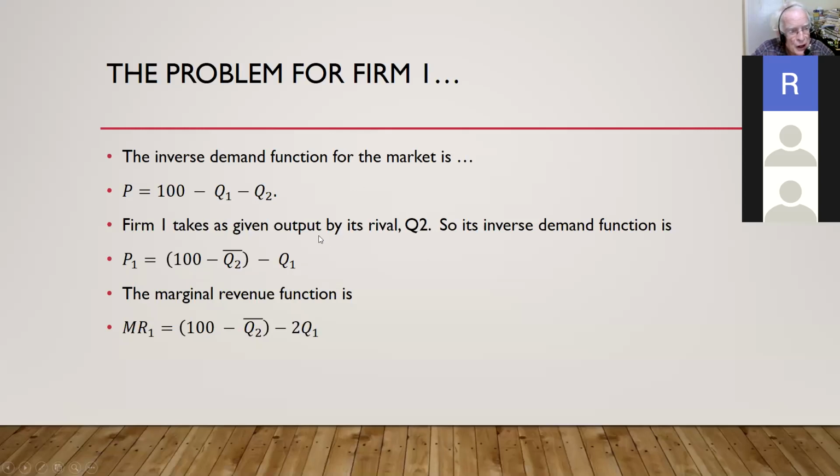And there is another way to arrive at the solution. Since the inverse demand function is linear, marginal revenue has the same intercept, and then a slope that is twice as steep as for the inverse demand function.